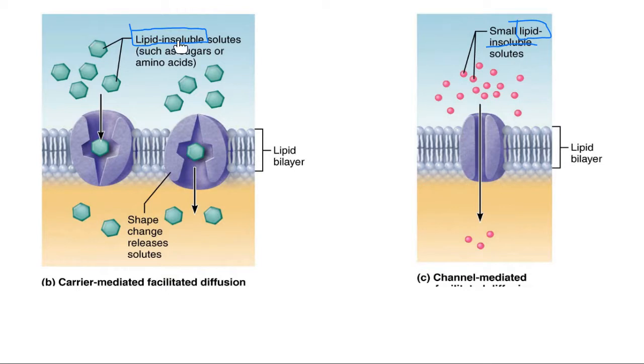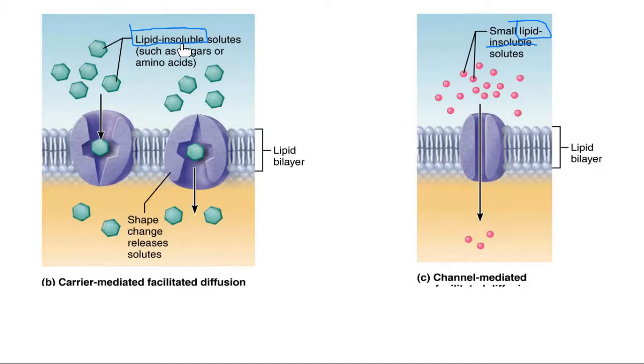If you're lipid insoluble, you don't play nice with the lipids in the middle, which means, like Elapina said, we would be hydrophilic. If we don't play nice with lipids, we play nice with water. Remember, I mentioned this forever ago. If we have to go through a protein to get across the membrane, we must be lipid insoluble.